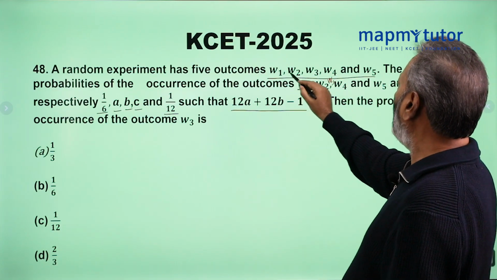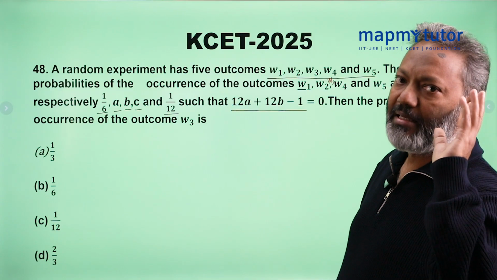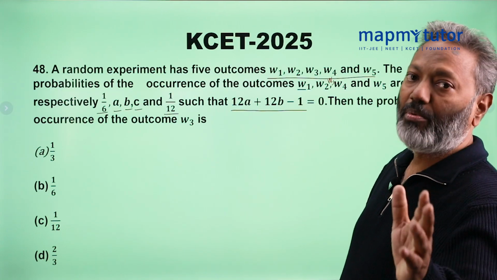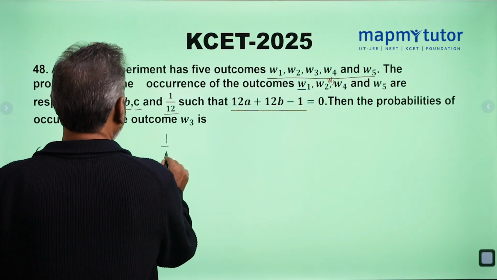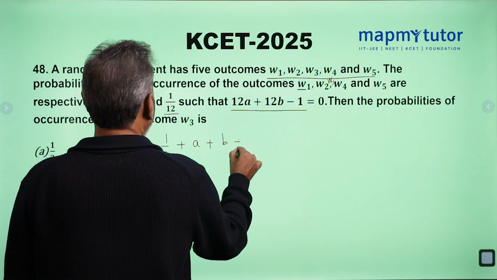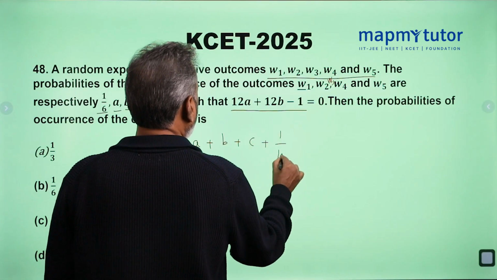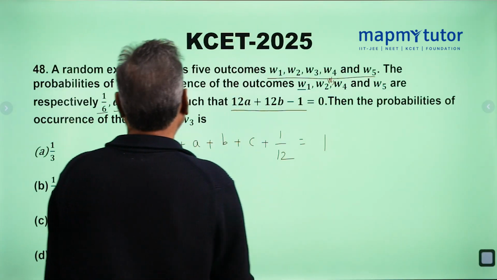Now, since only these 5 outcomes are there in that experiment, the sum of the probabilities must be 1. Let us use that condition first. What are those probabilities? 1 by 6 plus A plus B plus C plus 1 by 12, must be equal to what? 1.